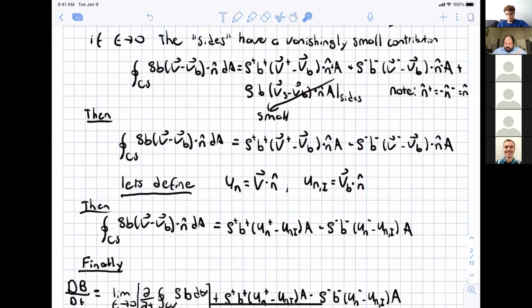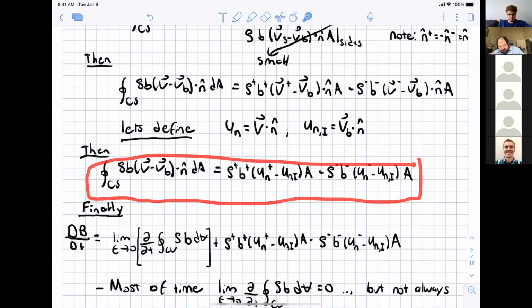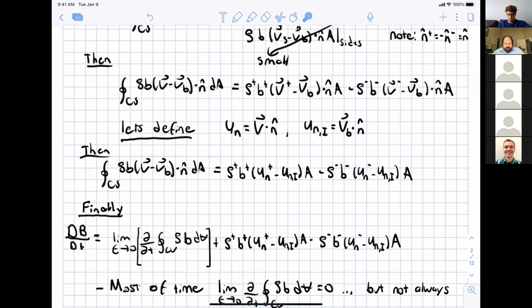Okay, so putting everything together, we can work on these dot products here and substitute in all my definitions into this. And we wind up with this expression here, where our surface integral term is just rho plus b plus times the quantity un plus minus uni times A, minus rho minus b minus times un minus uni, the normal velocity on the bottom of the control volume minus the interfacial velocity.